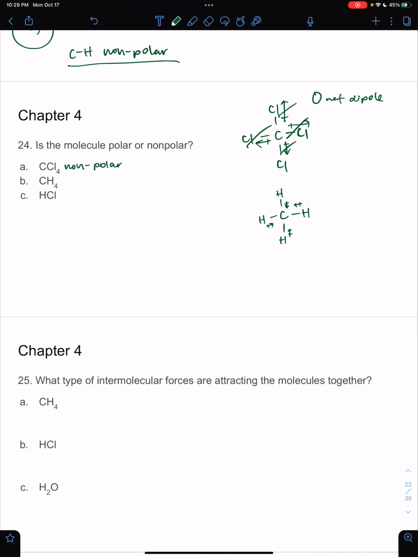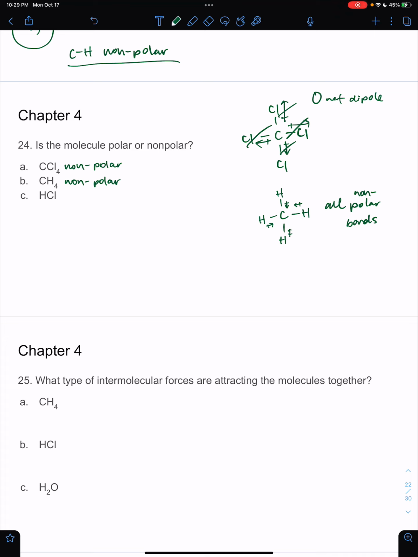The electronegativity between carbon and hydrogen are so close. They're different, but so close that the difference is kind of negligible, like we don't need to worry about it. So these bonds are all, I'm sorry, these are all non-polar bonds. So this one's also going to be non-polar.